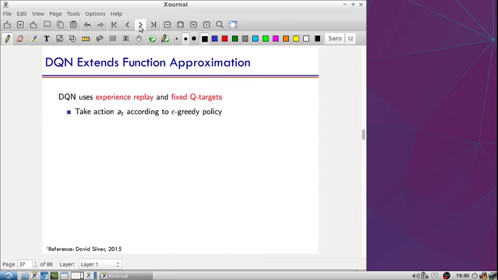I'm just calling it memory. Just think of it as I'm trying out different things, but I'm remembering this 4 tuple of state, action, next state, and reward. I'm collecting a bunch of them, and over those 4 tuples, I'm trying to minimize the difference between my target and my prediction.